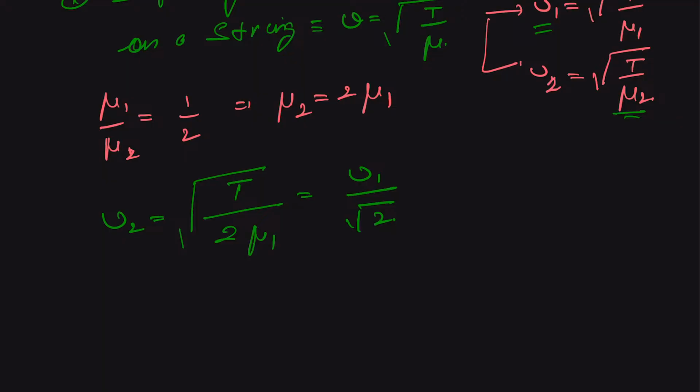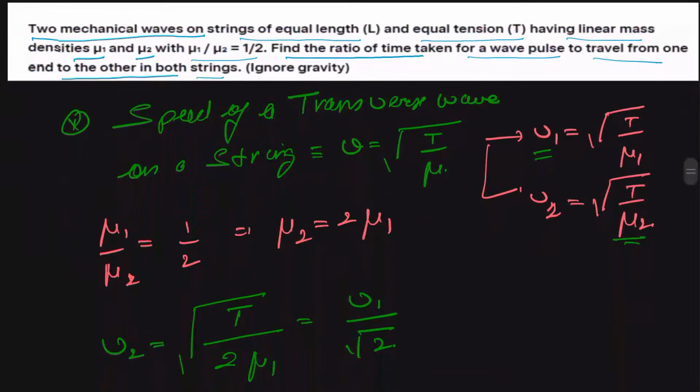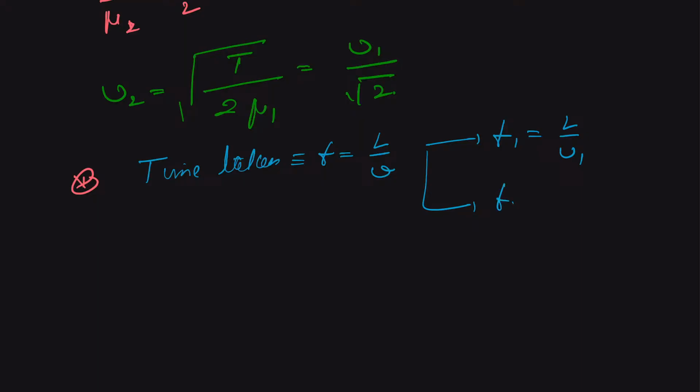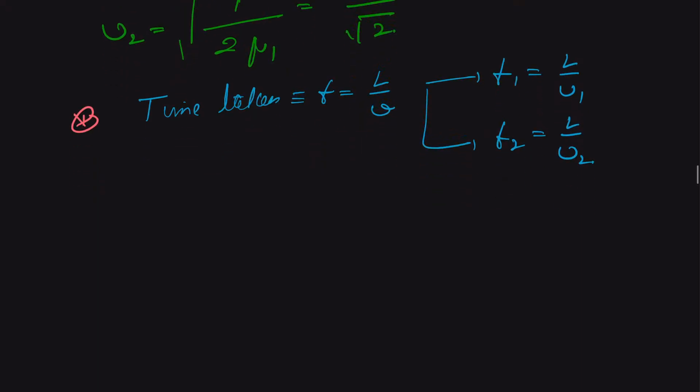And we are supposed to find out the ratio of the time taken, and the length is the same. Therefore, we can say that time taken, suppose that is our t, will be equal to L upon v. Therefore, we can once again write for two strings, t1 is equal to L upon v1, and t2 is equal to L upon v2. And so we can simply use our v2.